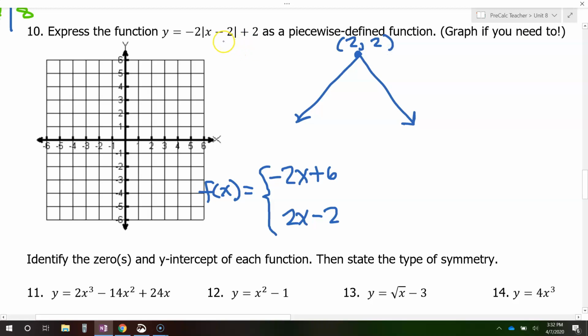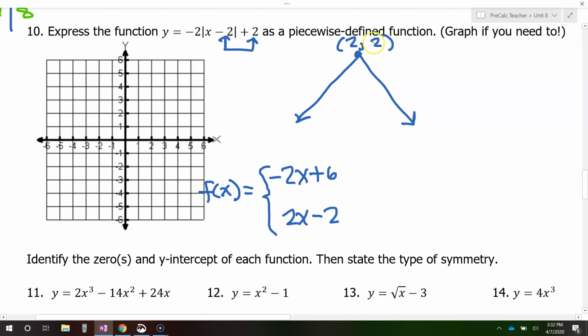How did I know that? I'm getting that from this and this. Thinking of our transformations, this x minus 2 means it's a shift to the right 2. So that's where the x value of 2 is coming from. And then it's up 2. This is right 2, up 2. So that means (2, 2).